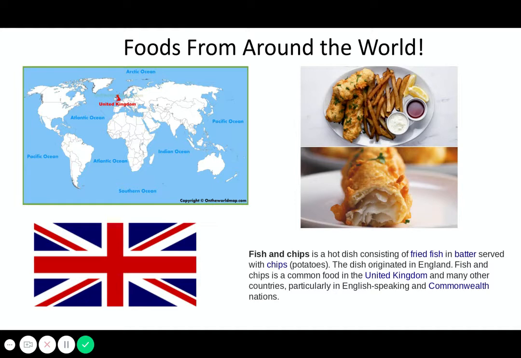It's usually a cod, a fish called a cod, that is then fried with batter and then served with a chip, which is a potato. It can come in the form of a French fry or a potato chip. And then you have the tartar sauce with a little sprinkle of lemon. It makes for an excellent treat. So I hope you enjoy.